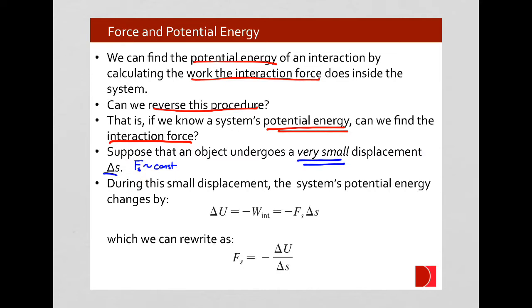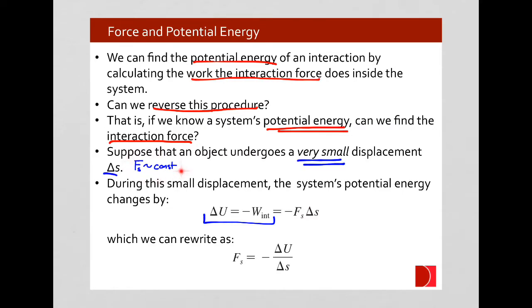Now, we defined our potential energy as the negative of the work done by internal forces. So when those internal forces do negative work, when they take that energy away from our object, that object retains potential energy instead of that energy just disappearing. But work is force times displacement if it is a constant force.